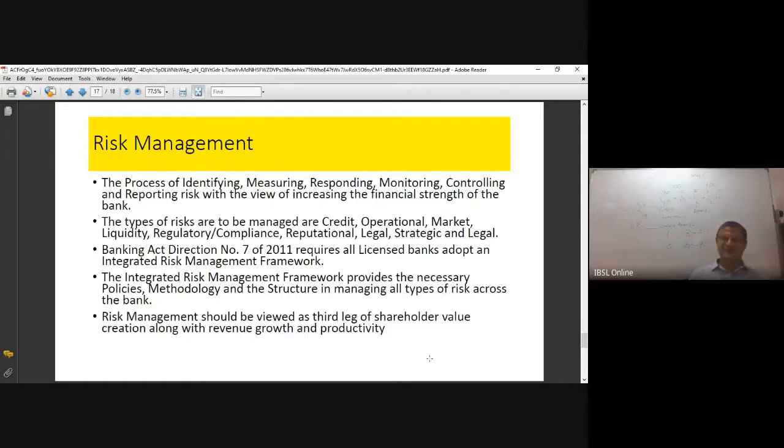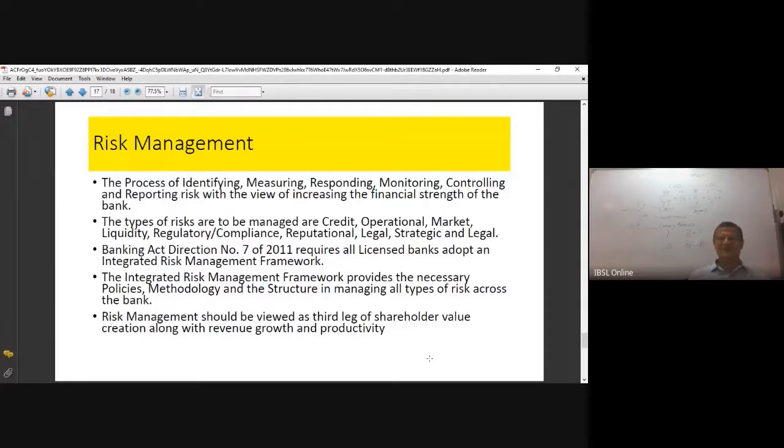So this process of identifying, measuring, responding, monitoring, controlling, and reporting is the definition which I can give you for the risk management function.